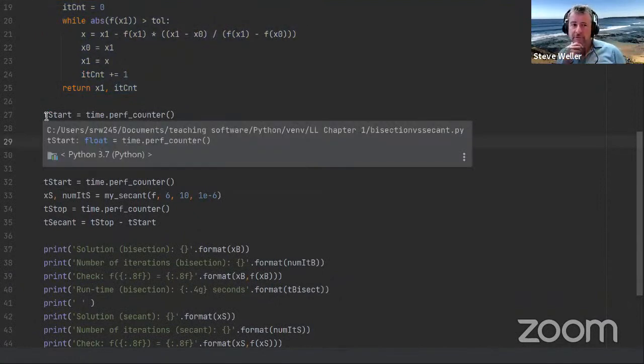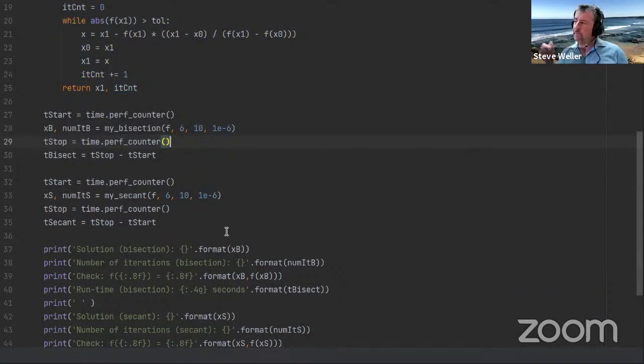Remember, what we want to do is a comparison of the time it takes to run both the bisection algorithm and the secant algorithm, finding the solution for the same function f using the same parameters, initial low and high estimates, and tolerance.